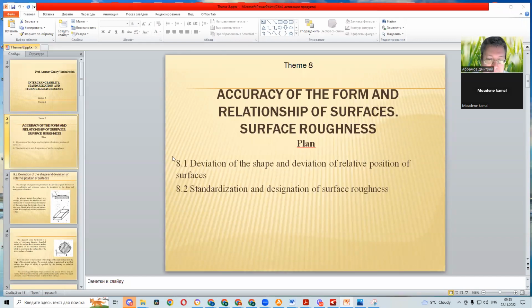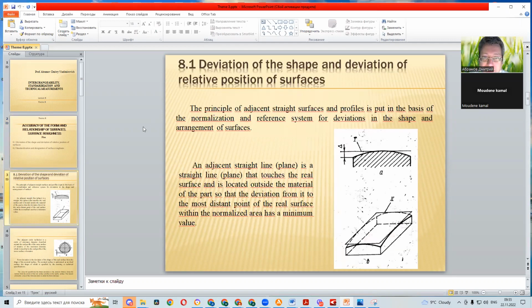So we start item 8.1, deviation of the shape and deviation of relative position of surfaces. The principle of adjacent straight surfaces and profiles is put in the basis of the normalization and reference system for deviations in the shape and arrangement of surfaces.